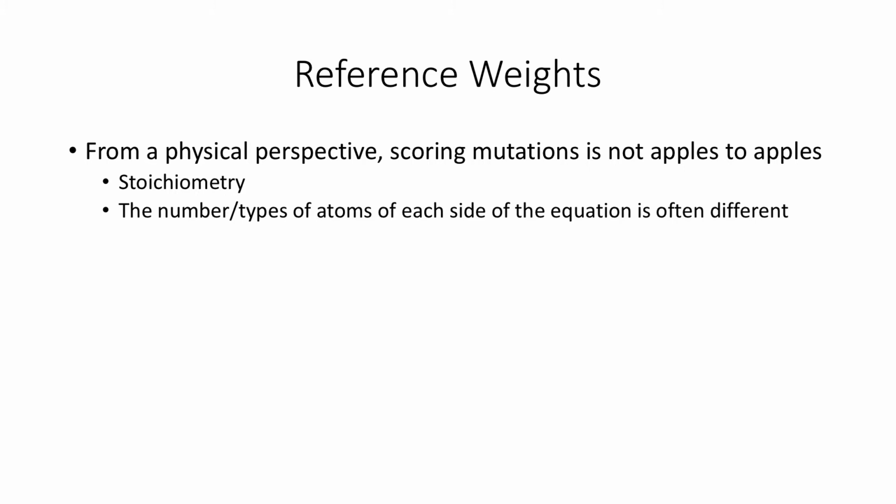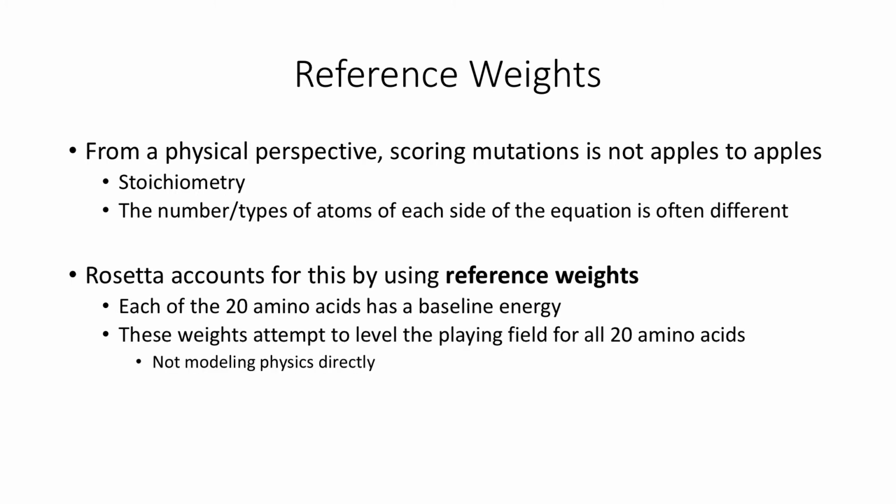That chemical equation is not balanced. And the way Rosetta handles this is with reference energies. Each amino acid has a baseline energy, which is considered when making mutations. So you'll measure the change in Rosetta score, and part of that change in score will include how the baseline energies of each position change. That's Rosetta's way of handling it; it doesn't model physics directly, but it handles that.